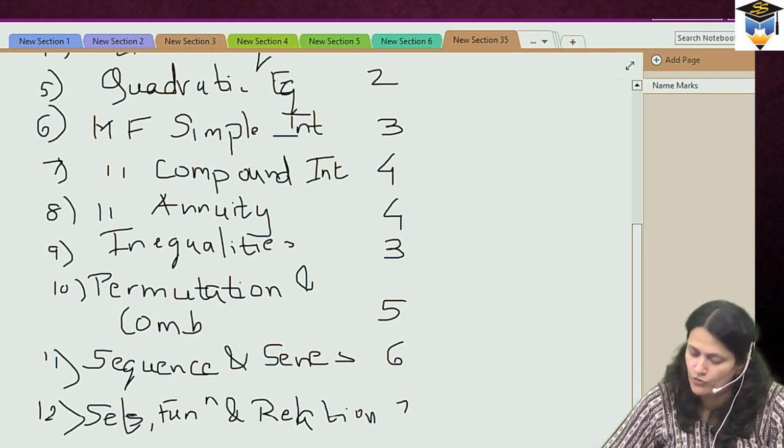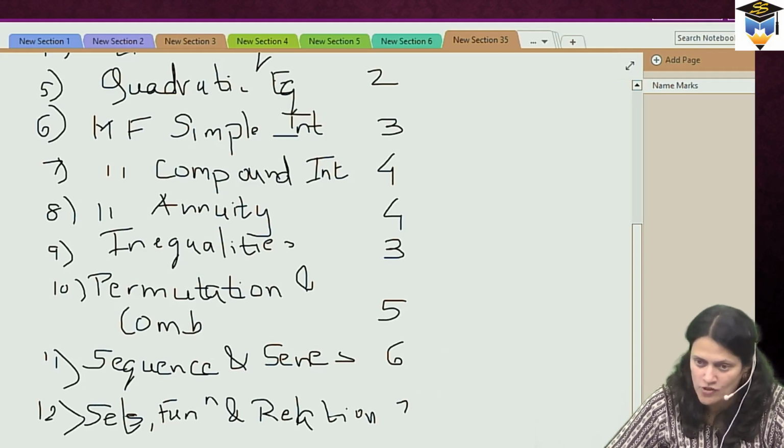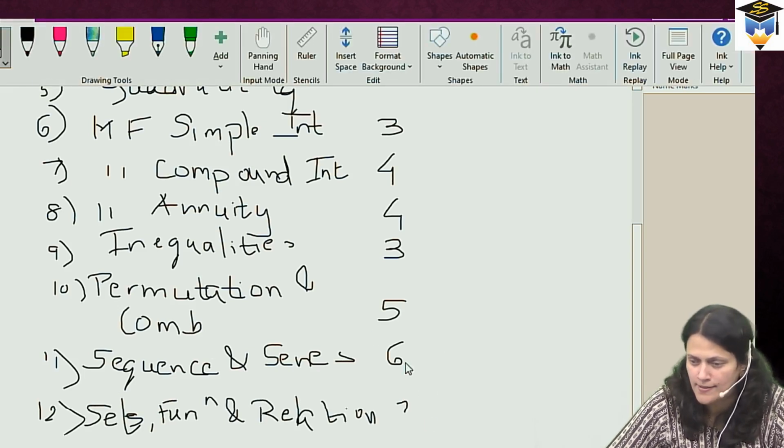No, it is 4 marks. Sorry. Please change these to 4 marks.